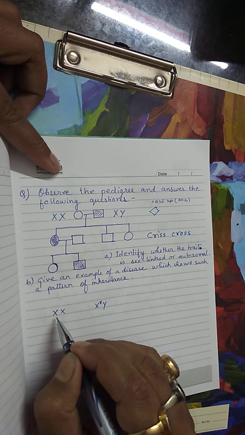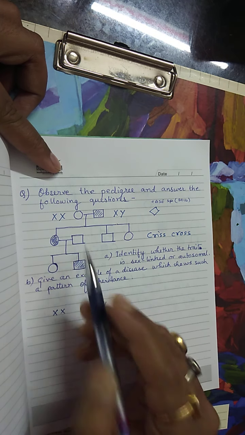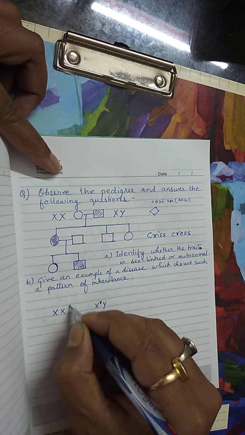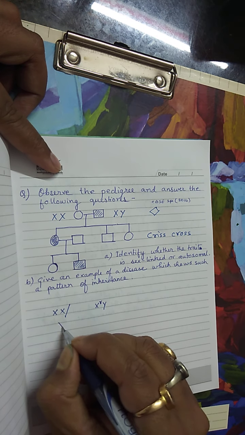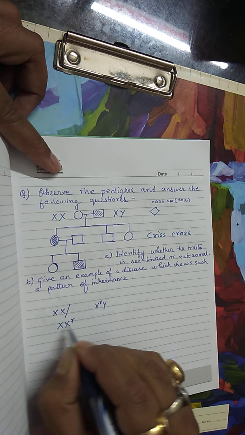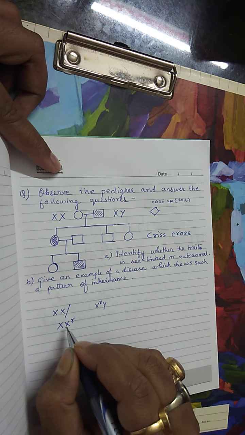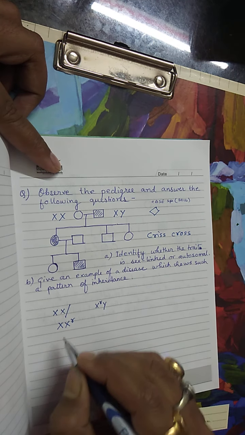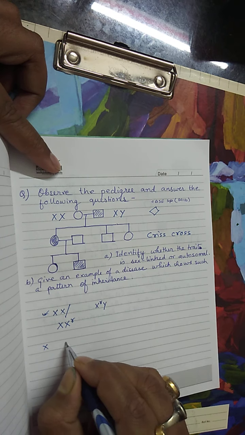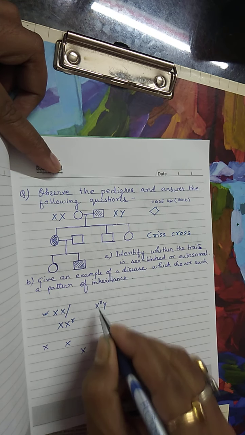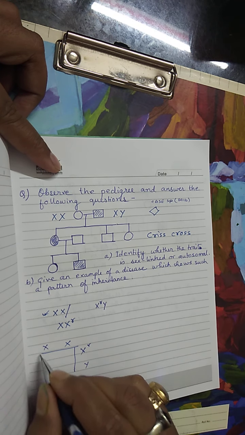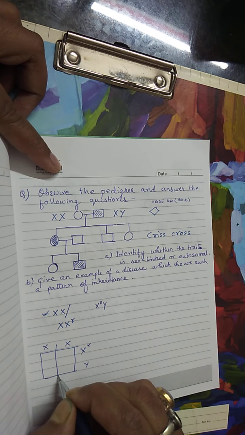The female is not showing the character, which means she is either a normal female or a carrier, because a recessive trait is expressed only in a homozygous condition. So suppose from here XX, and from here X^r and Y. What would the combination have been?